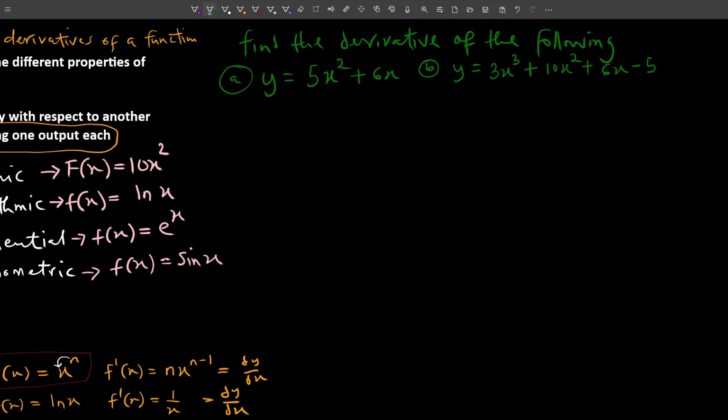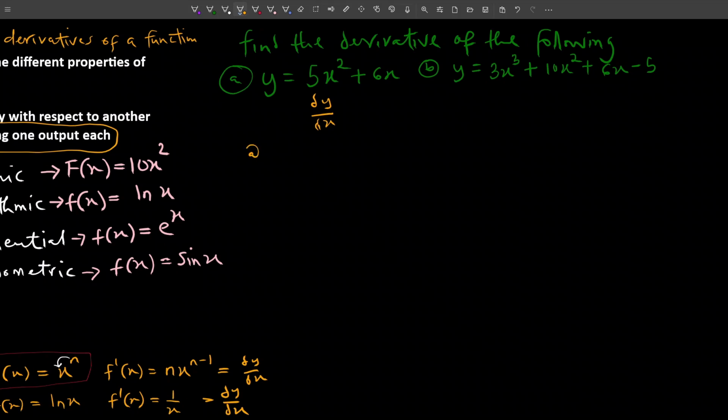So let's find the derivative of these functions. I wrote this in the form of y equals 5x squared plus 6x, where y is the dependent variable and x is the independent variable. Hence, we're looking for dy dx, because we'll be differentiating y, the dependent variable, with respect to x, the independent variable.